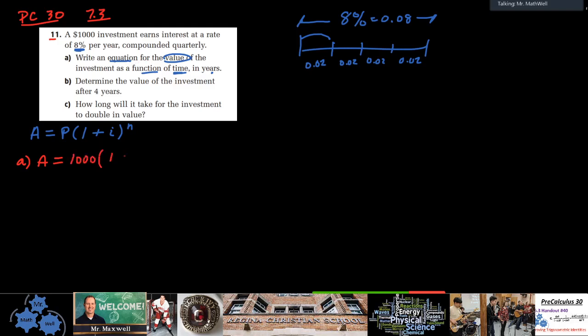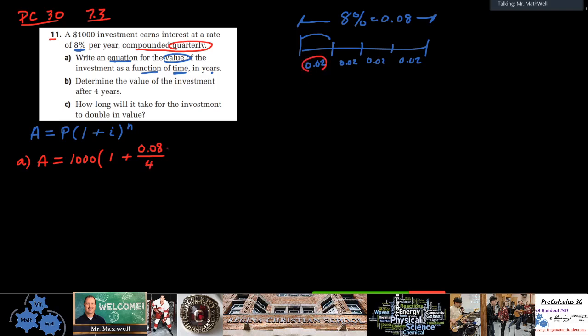All right, we multiply that by 1 plus the interest rate. You always use the decimal, and that's going to be the yearly interest rate divided by quarterly periods. So that's divided by 4 times per year. And that's where we got this 0.02 from.